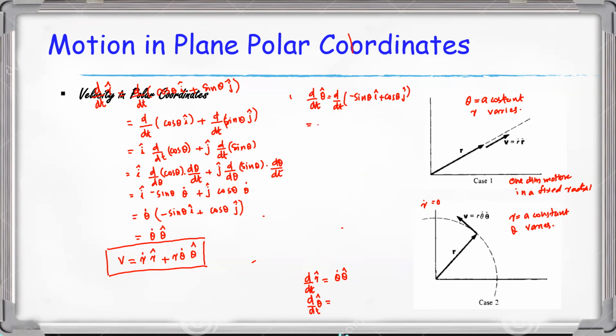So here also i and j are constant, so take them outside. Here there is a minus sign, put it here, then minus i cap d by dt of sine theta plus j cap d by dt of cos theta.